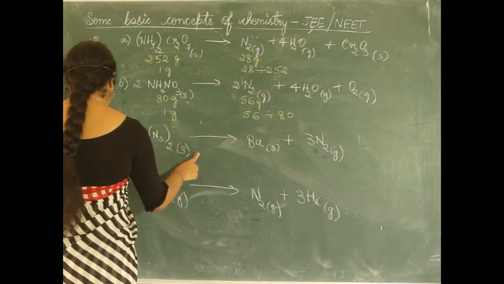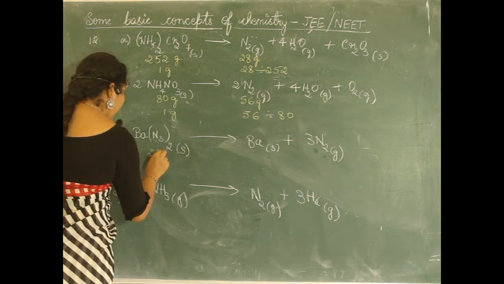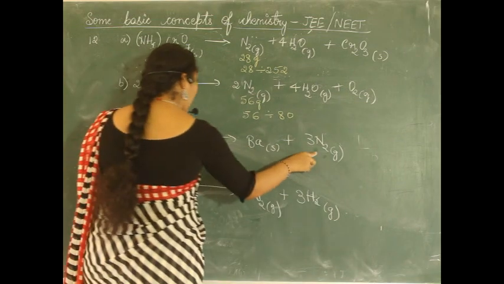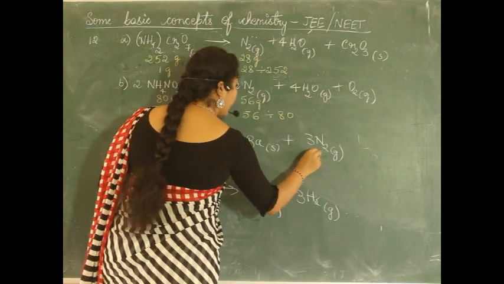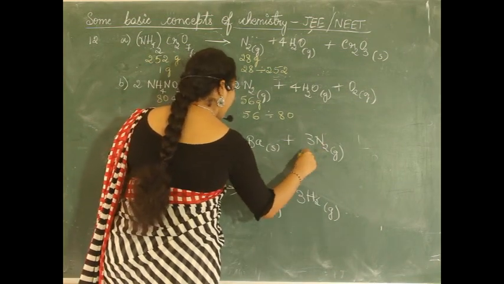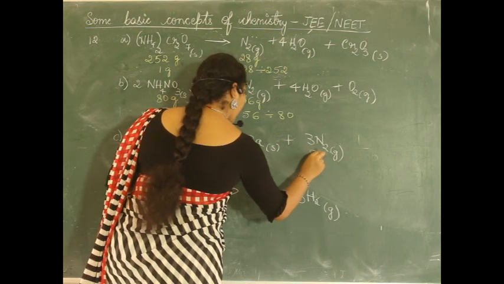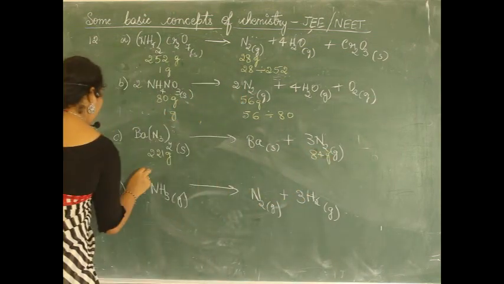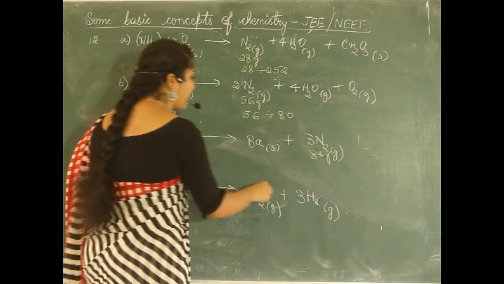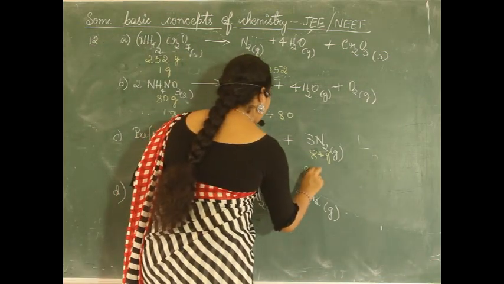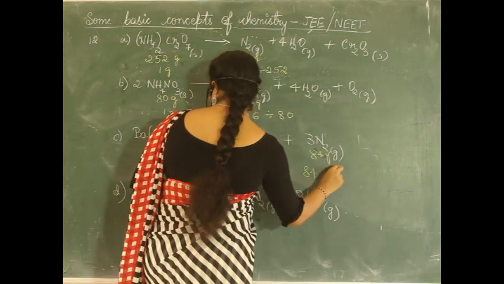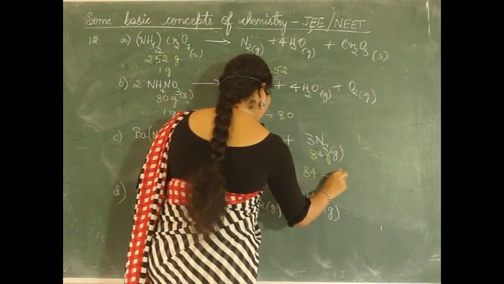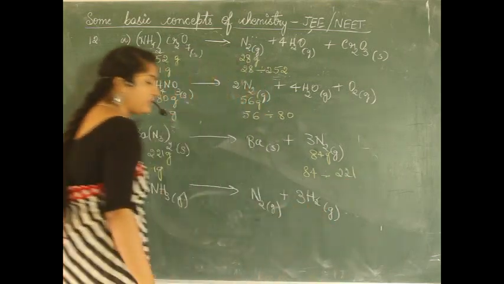Here barium nitride, when you substitute, you get 221 gram. It can produce how much? Here 28 threes are 84 gram. Therefore, 1 gram of barium nitride can produce 84 divided by 221.